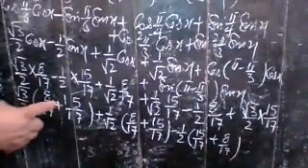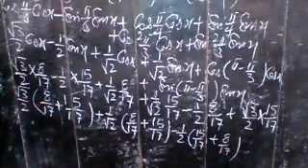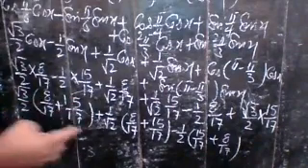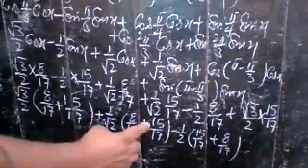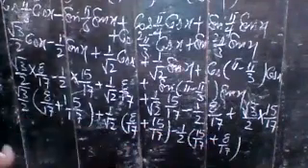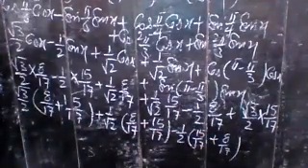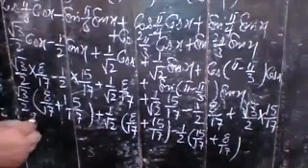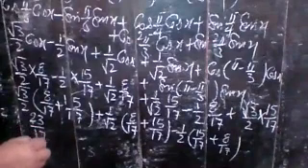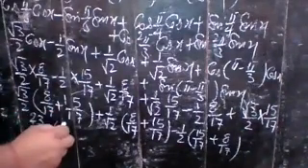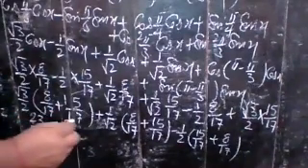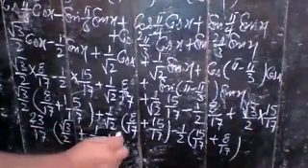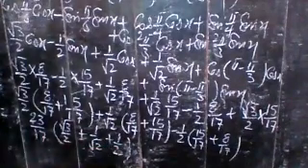Now check it, 15 plus 8 is what? 23. Here you have 23 by 17, here also 23 by 17, and 23 by 17. So again you take 23 by 17 common to each of the terms. So 23 upon 17 is common, and you have root 3 by 2 plus 1 by root 2, plus 1 by 2, plus 1 by 2.